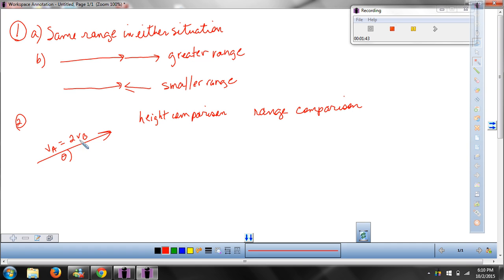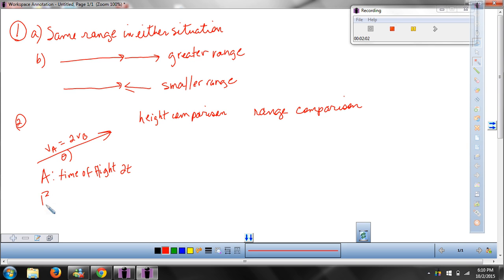Now, if VA is 2 times VB, then it's going to take, in situation A, the time of flight is going to be 2t.